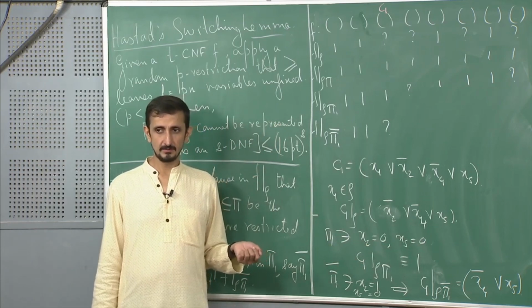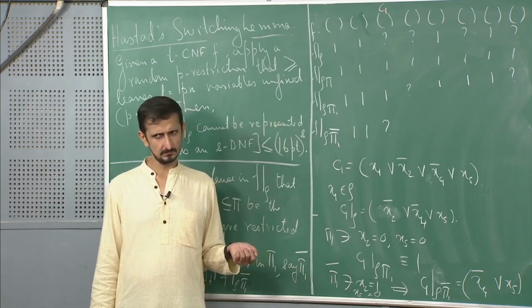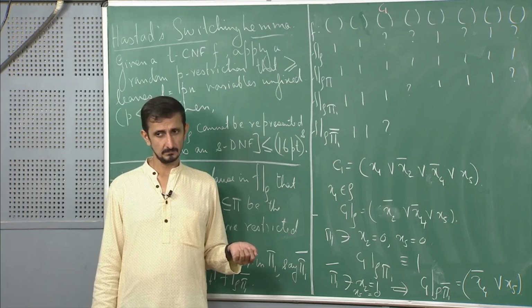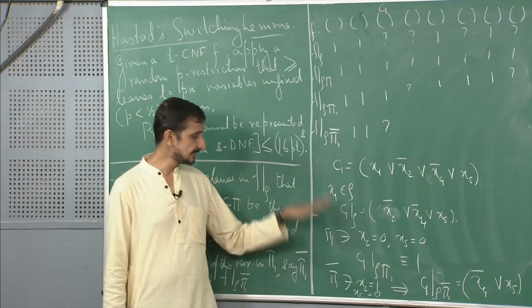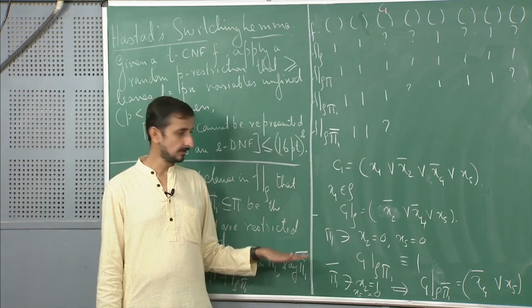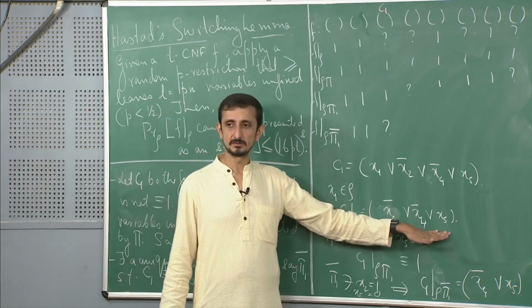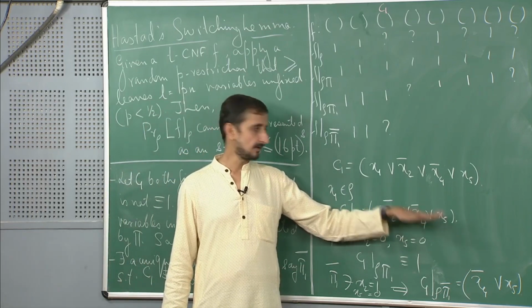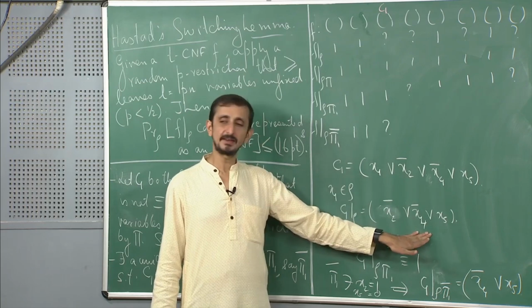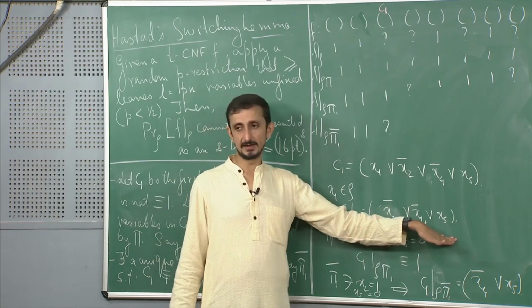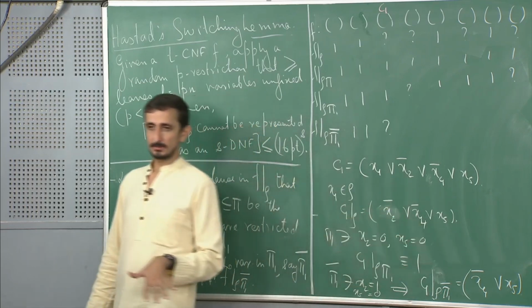Pi is separate, like here you are considering pi 1. So pi 1 is a subset of pi restricted to this clause. So in pi x4 was not getting restricted, only x2 and x5 were getting restricted. So I just picked those.